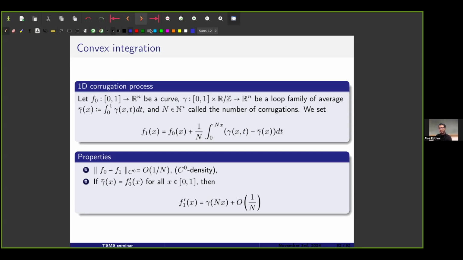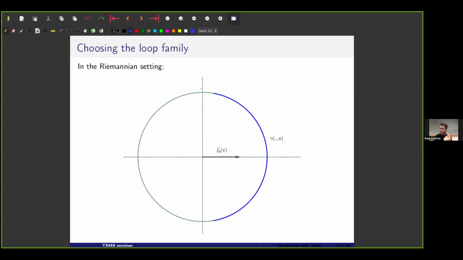In the Riemannian setting, this will be possible if we assume the natural condition that we said before: we need the speed of f0 to be less than r. So let's take the sphere of radius r.